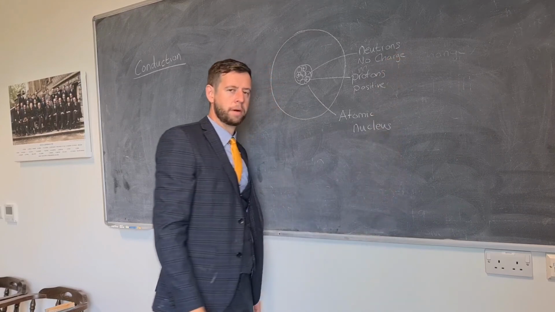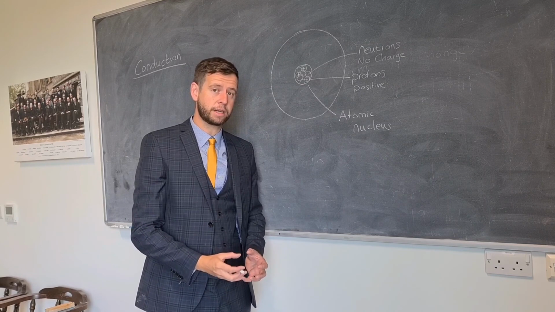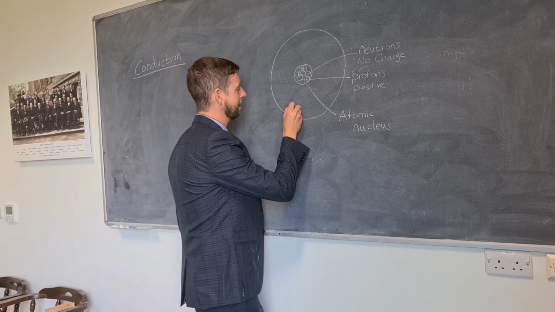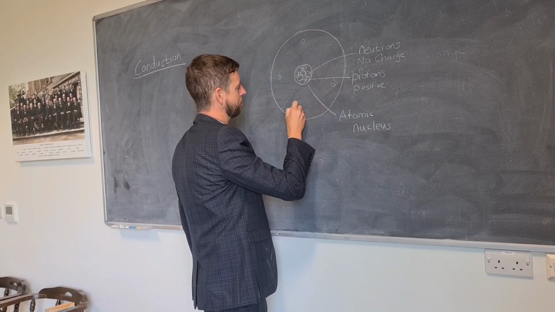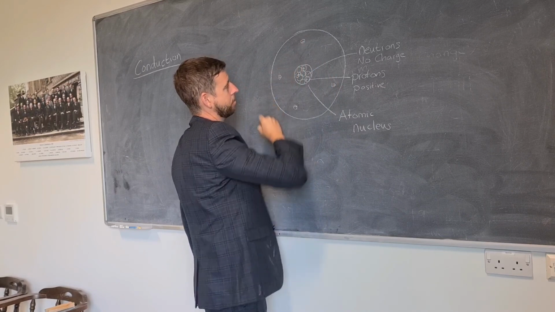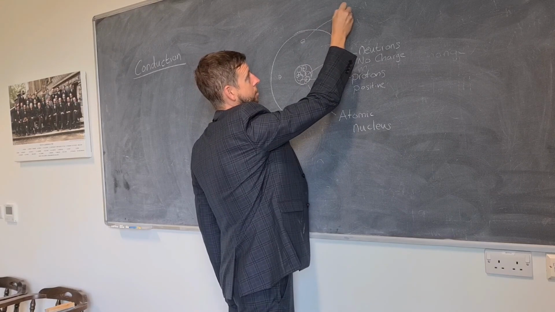And there is one more particle that sits inside an atom, but it doesn't sit inside the nucleus. It's actually around the outside of the nucleus. And these particles sit around here, and I have drawn them with a negative symbol. They sit around the nucleus, and these are called electrons.